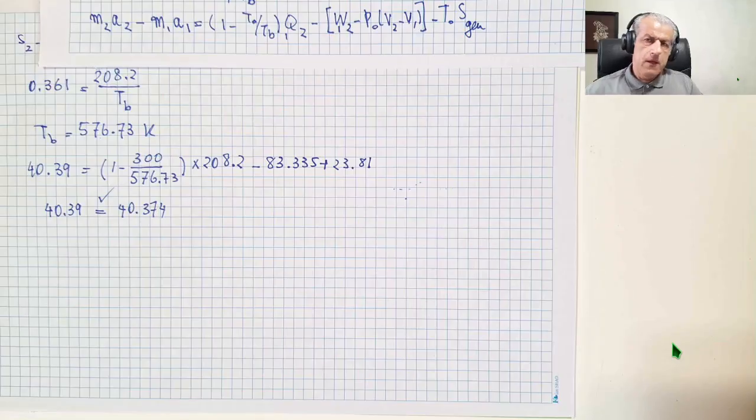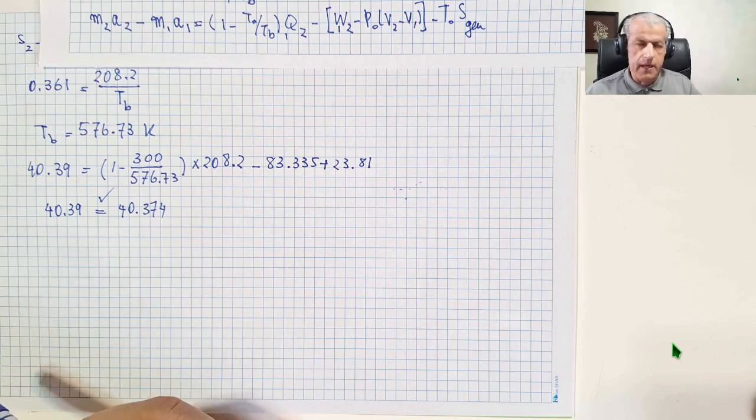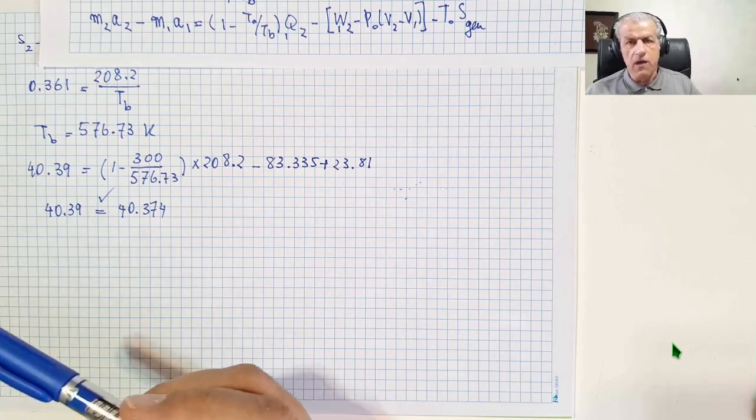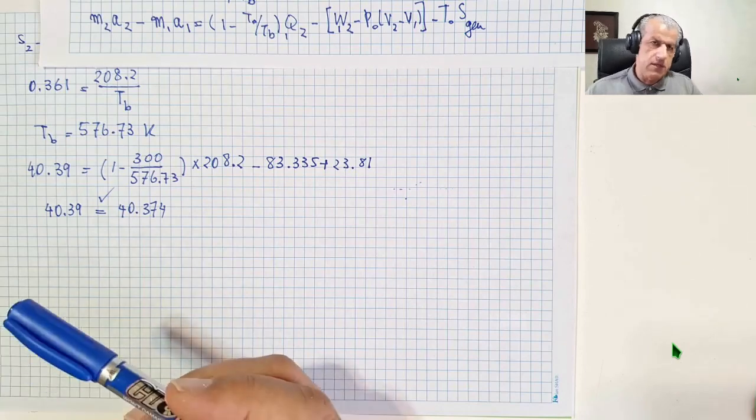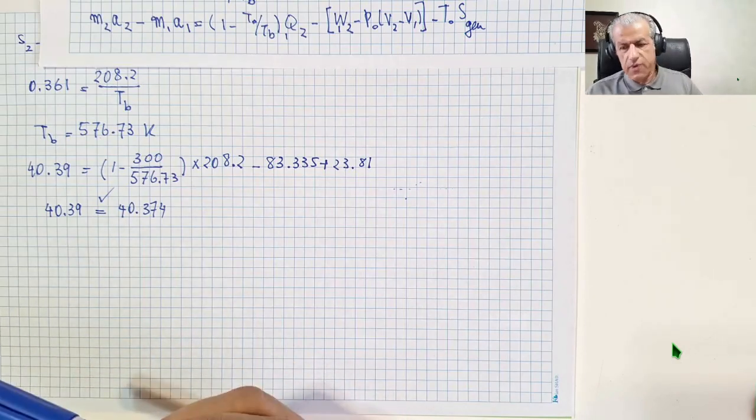Now, the final question of this problem is, what would the maximum possible work in this process be? You see, if it was a cycle, we could calculate maximum possible work from the Carnot cycle and write the Carnot efficiency and calculate what happens for the process.